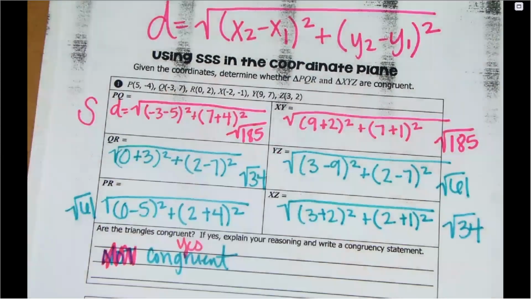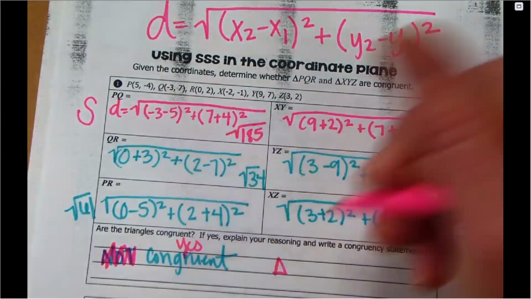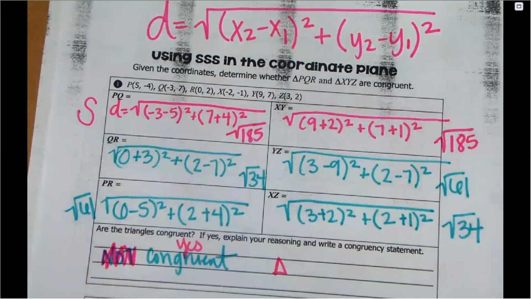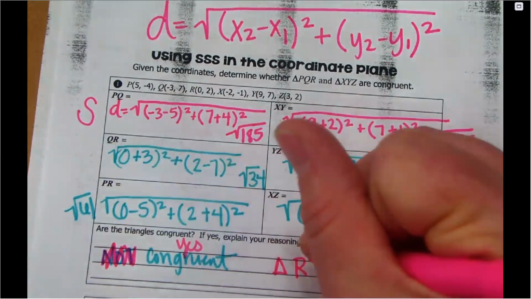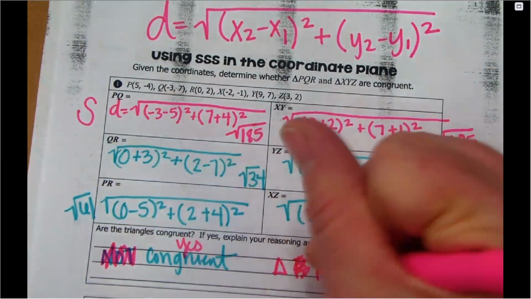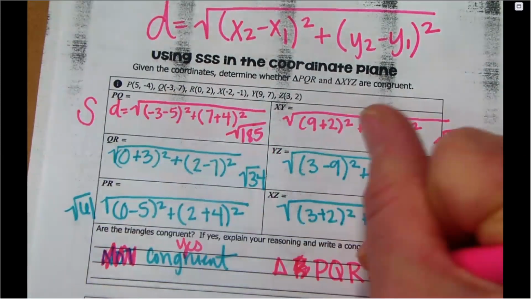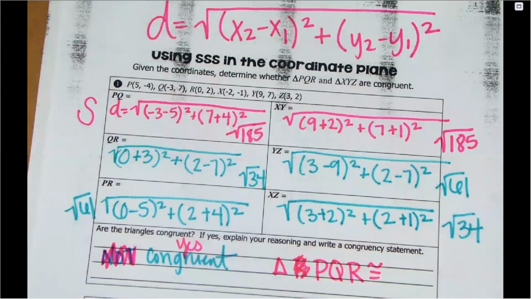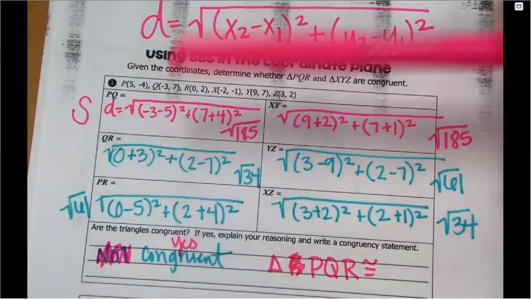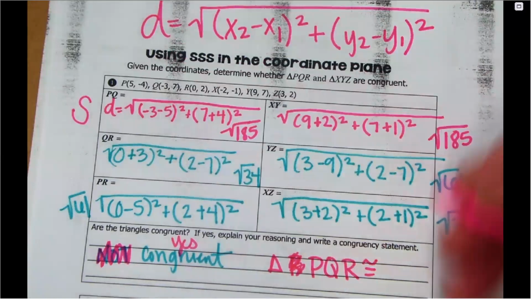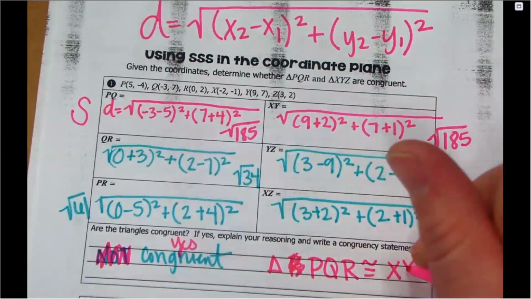And then we have to write our congruency statement. So triangle PQR is congruent to, we have to write it in the correct order. So P to Q is the same as X to Y. So that's fine.